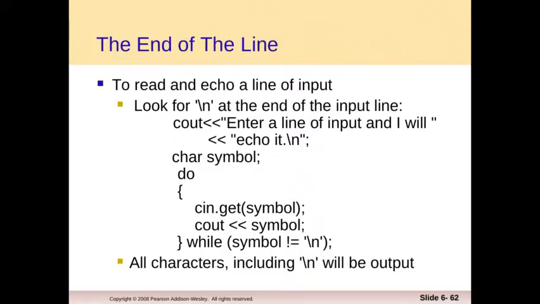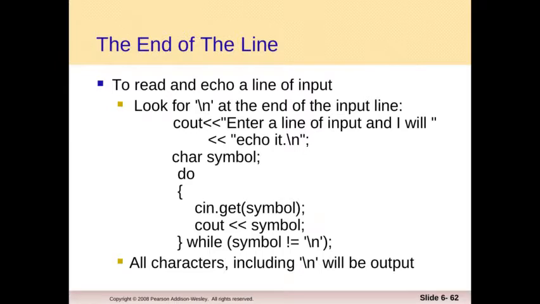Okay, here's a little program fragment that shows how to use this in a bit larger context. It reads a line and echoes it, so it prompts the user to enter a line. We have this character called symbol. We get the next character into that character variable, insert it into cout, and then we check, was this a new line that we just inserted?